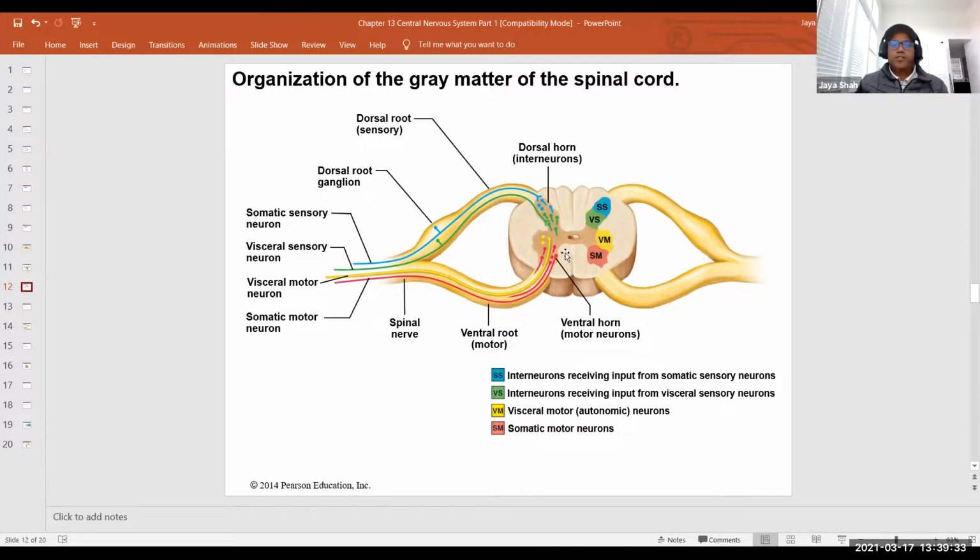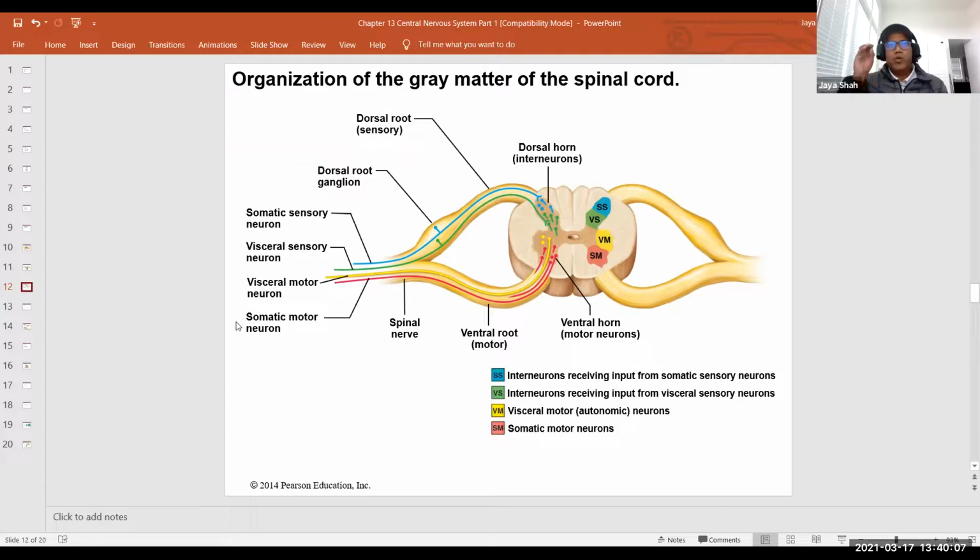Similarly, motor neuron cell bodies are in either the lateral horn or the ventral horn. Lateral are autonomic neurons. So their axons take the impulse, visceral motor, to the organs, like your heart, your lungs, your GI tract. And then some motor neurons, which are most anterior, take their axons to the skeletal muscle. Are you following me?